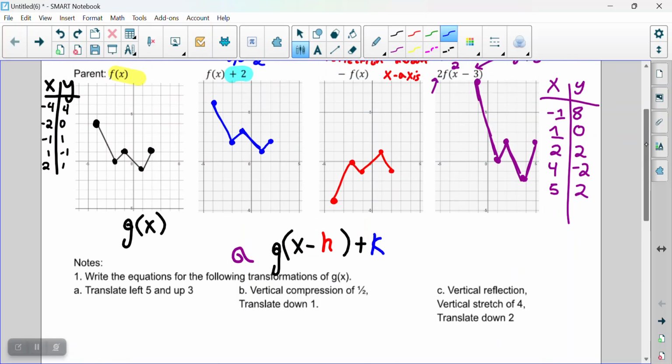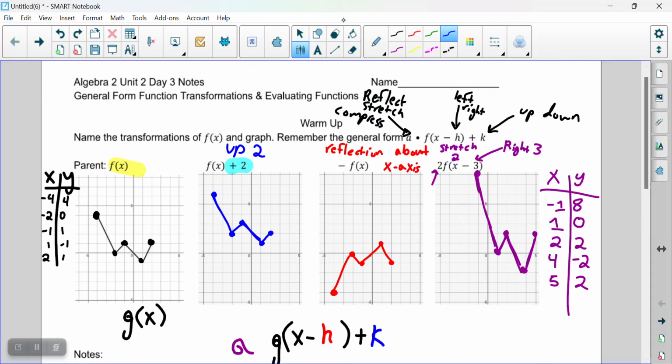Look at your notes up top that we just wrote down. Up here, what does the a do? What does the h do? What does the k do? I'm going to stop talking for a second so you can pause your video if you haven't written that down.